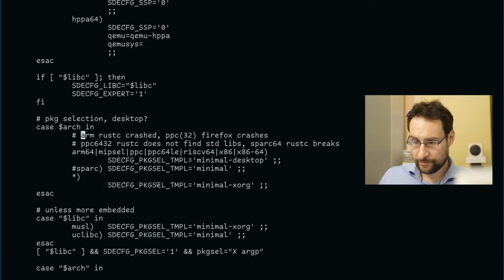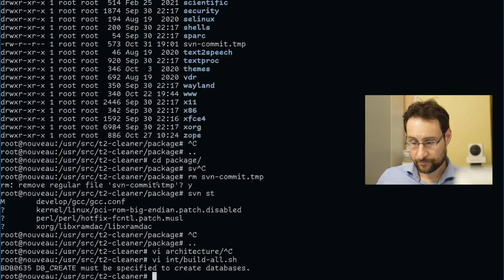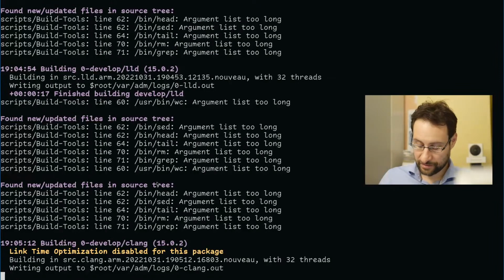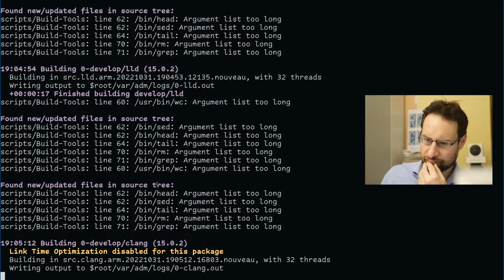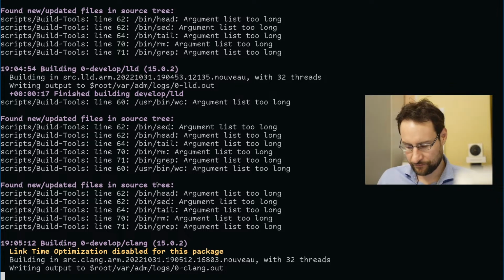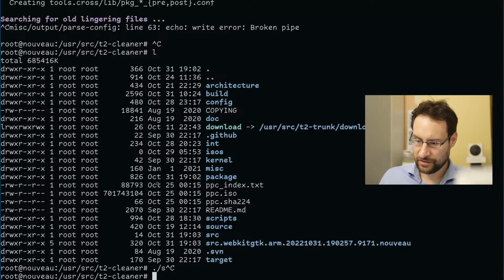So ARM, Rust C crashed. Okay, let's see if that still happens, or if we can re-enable that. This somehow does not look good. Not really feeling like debugging that now.